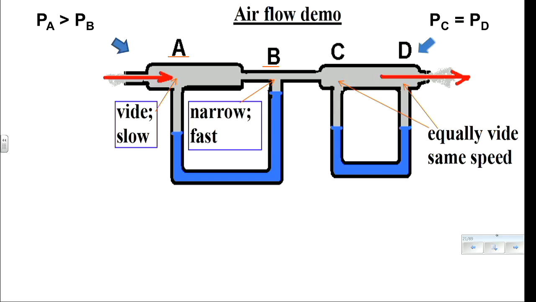So right now, here and here, the pressure is the same. Here and here, the pressure is the same. And if I see something different, let's say I see that this level goes down, this goes up. What does it mean? Where is pressure higher? Here. If I see something like this, that means pressure will be higher. So this is a pressure manometer.